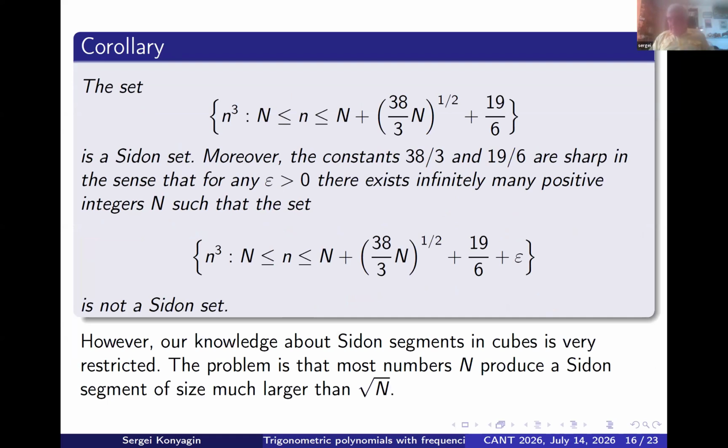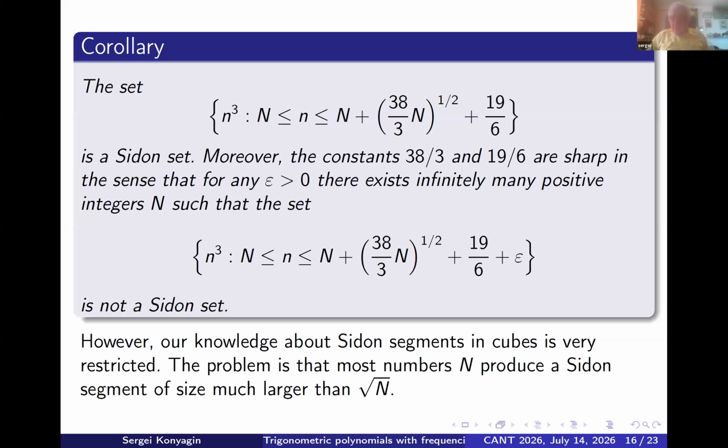But the situation is less understandable than for squares, because you see that the corollary says that for some specific n, capital N, this set is not a Sidon set.